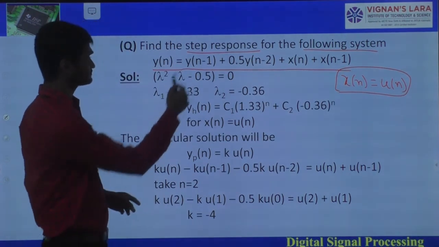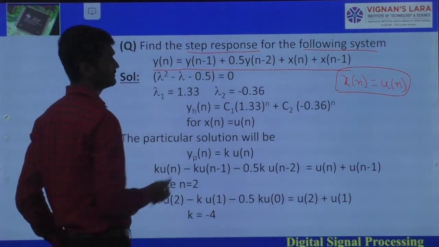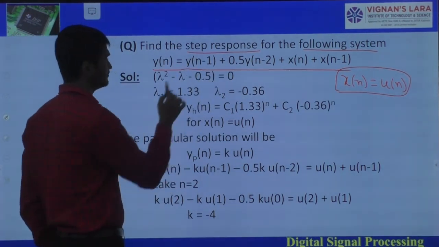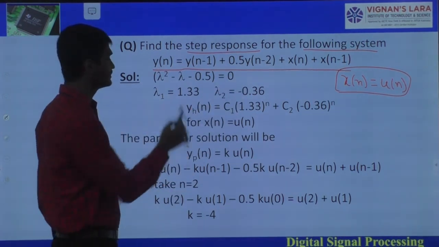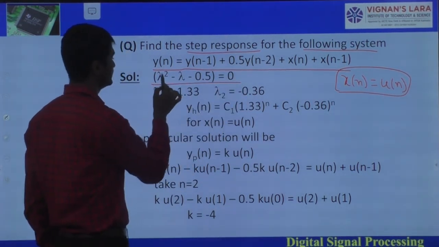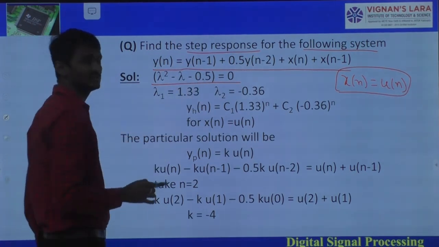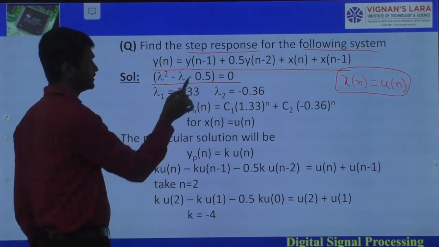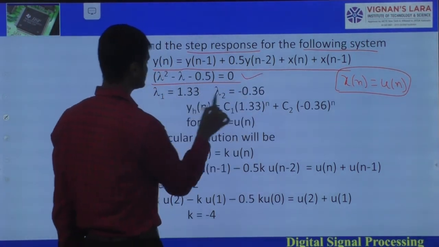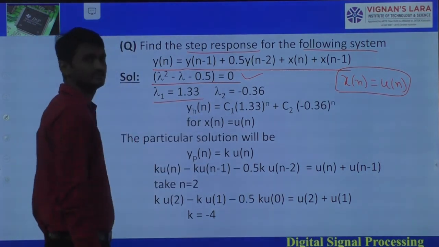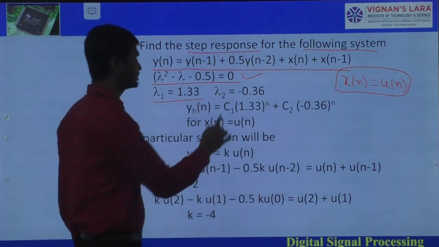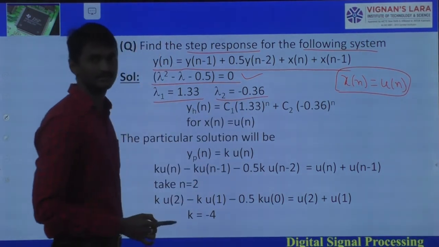Here the characteristic equation for the given system, obtained by equating the input terms to 0, is lambda square minus lambda minus 0.5 equals 0. From that, the roots of this characteristic equation are lambda 1 equals 1.33 and lambda 2 equals minus 0.36.